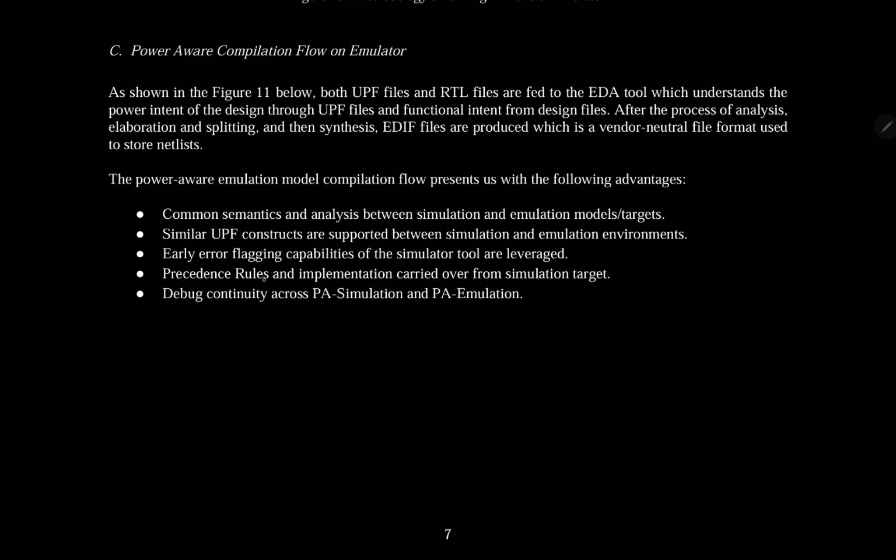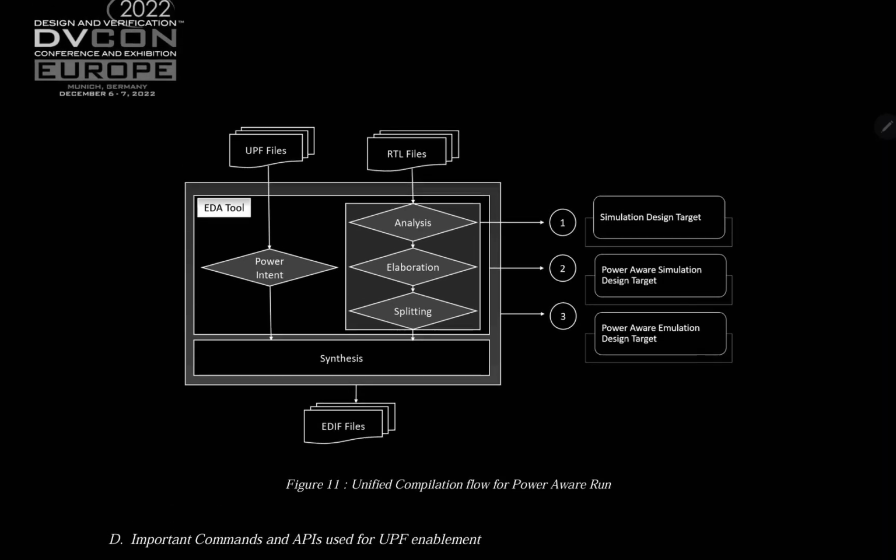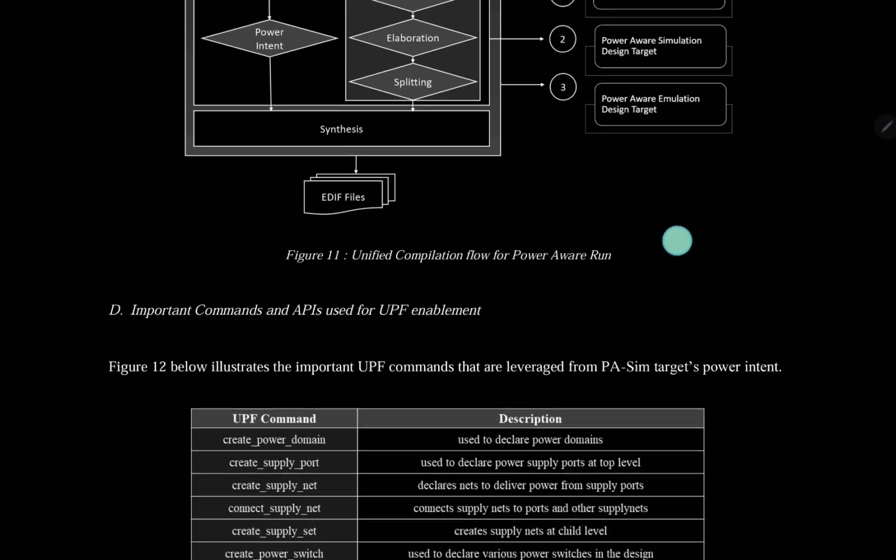Precedence rules and implementation are carried over from the simulation targeting. And there is debug continuity across PA (power-aware) simulation and power-aware emulation. So this is Figure 11, a unified compilation flow for hardware runs.